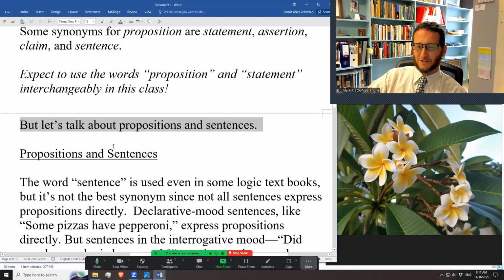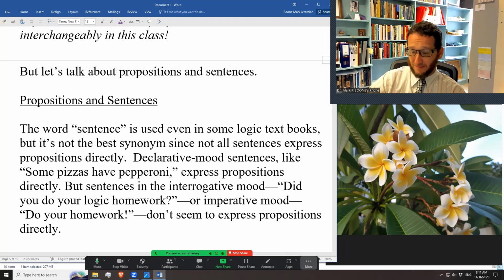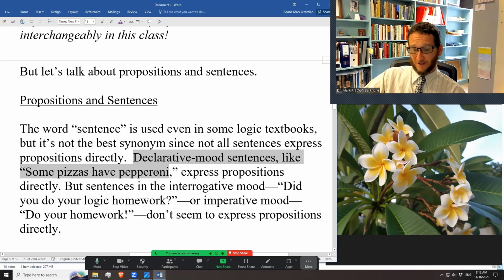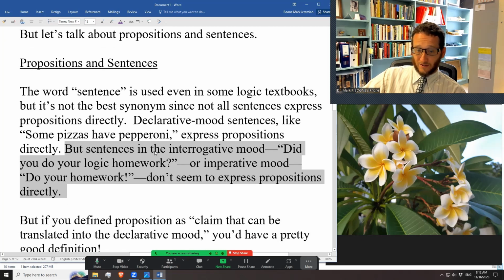But let's talk about propositions and sentences. The word sentence is used even in some logic textbooks, but it's not the best synonym because not all sentences express propositions directly. Declarative mood sentences, like "some pizzas have pepperoni," express propositions directly, but sentences in the interrogative mood don't seem to express propositions at all, like "did you do your logic homework?" or "do your homework!"